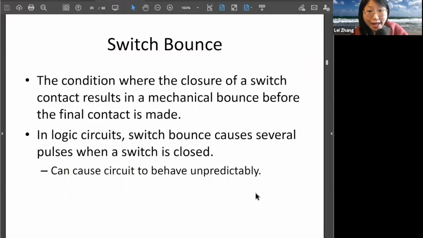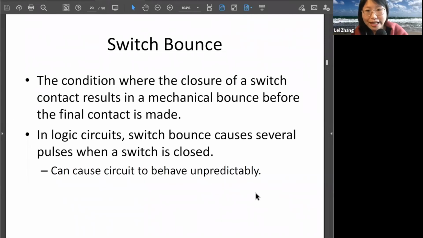Here we come to switch bounce. As I said, the latch has a very good function in real life, which is switch bounce, because it can filter out all the sudden changes of the input. So this is the condition where the closure of a switch contact results in a mechanical bounce before the final contact is made.